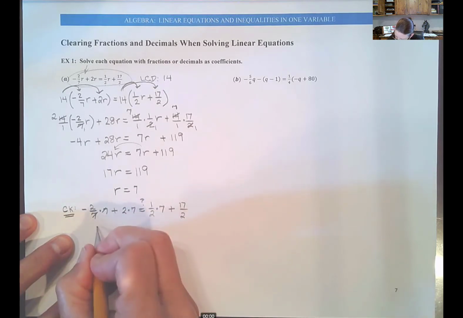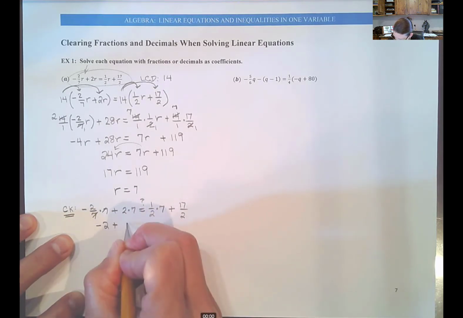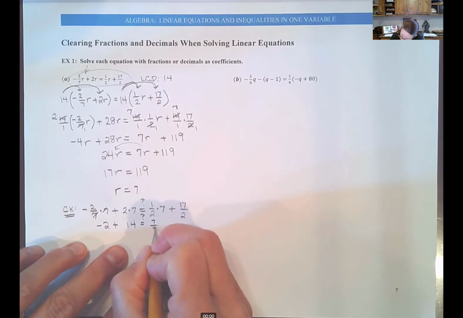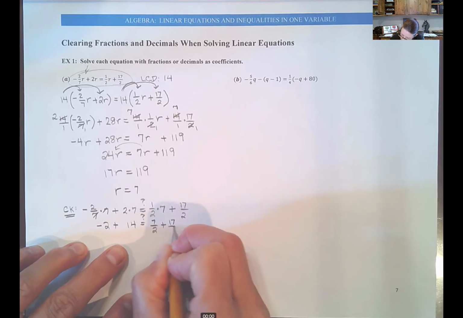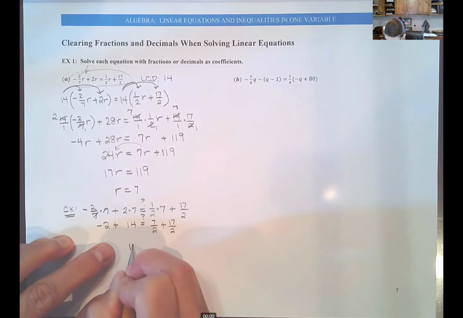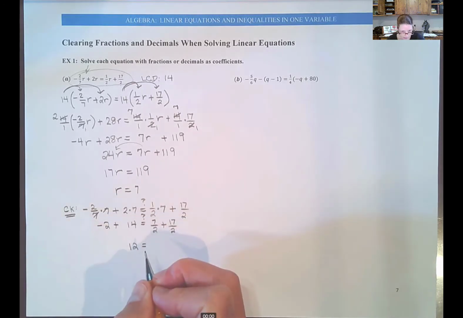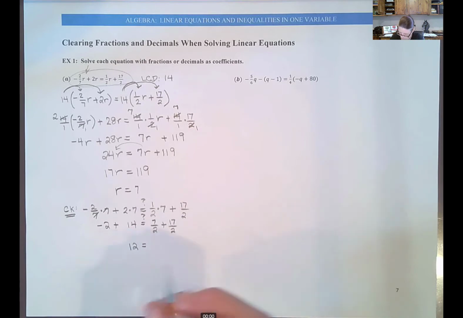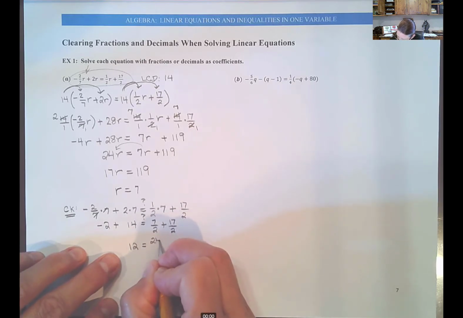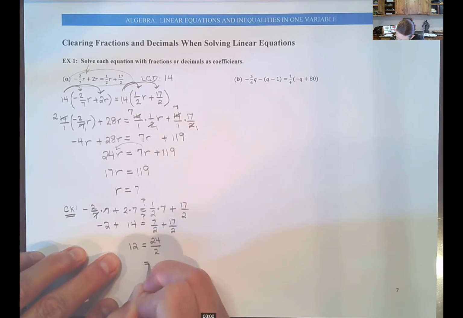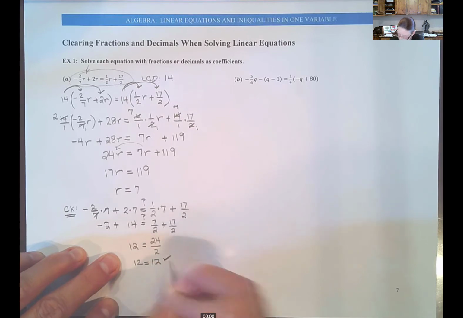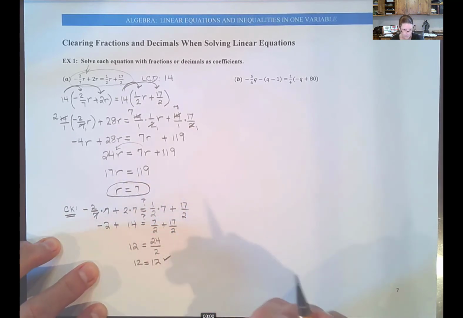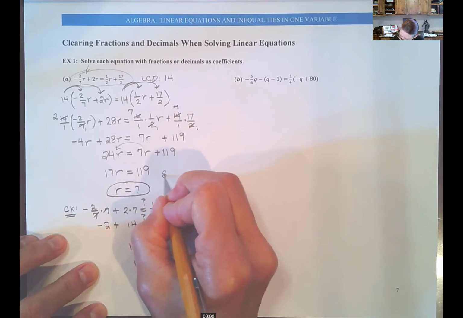Multiplying is -2 plus 14 equal to 7/2 plus 17/2. We get 12 on the left-hand side. On the right, adding in the numerator, 7 plus 17 is 24. And 24 divided by 2 is indeed 12. So that proposed solution checks out. Therefore, we can summarize and say that the solution set is 7.